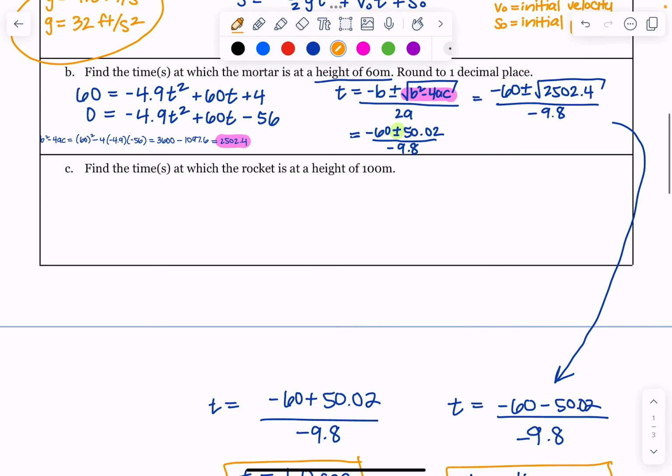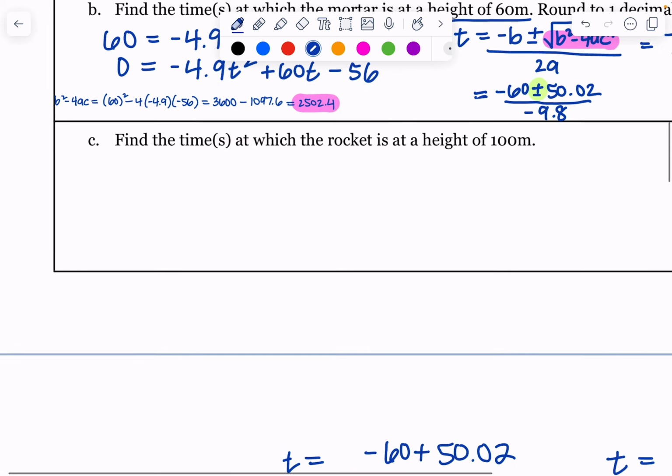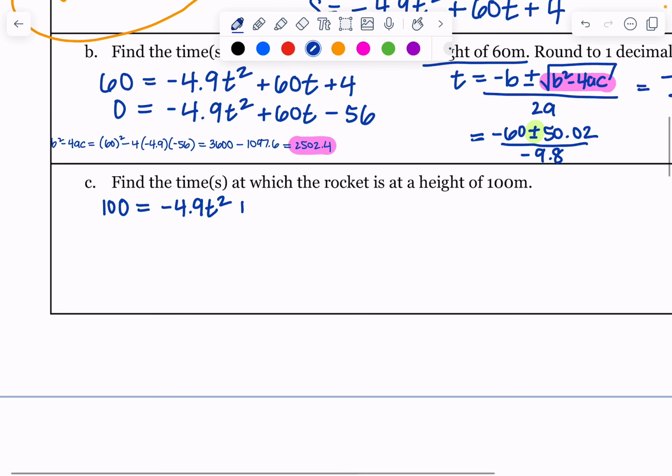A very similar problem for part C, same thing but at a height of 100. So we're going to have 100 here instead. Negative 4.9 t squared plus 60t plus 4.